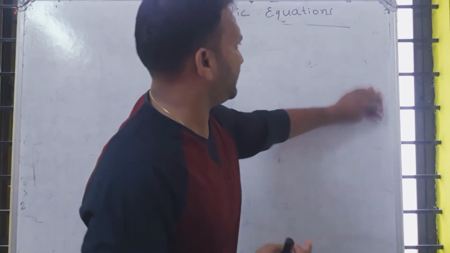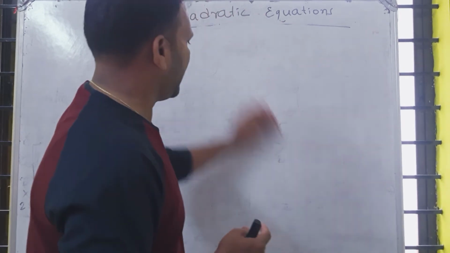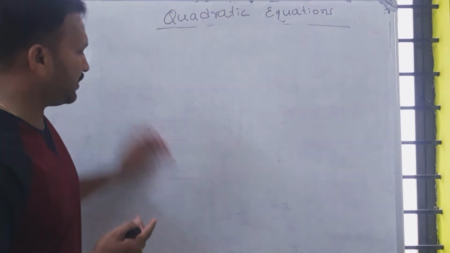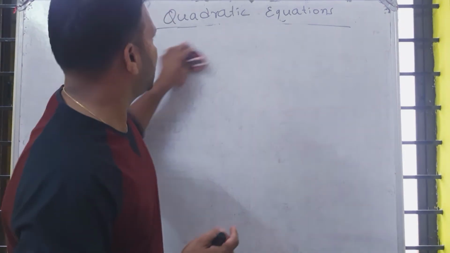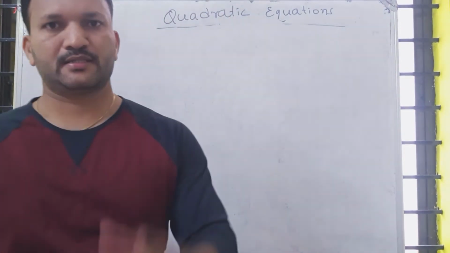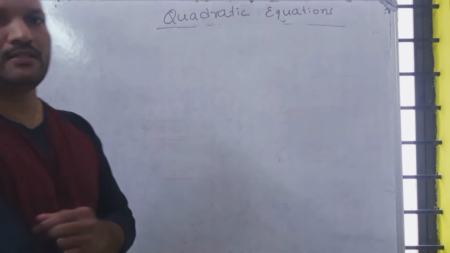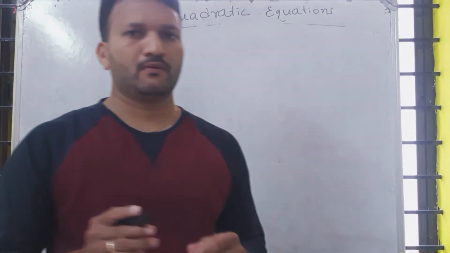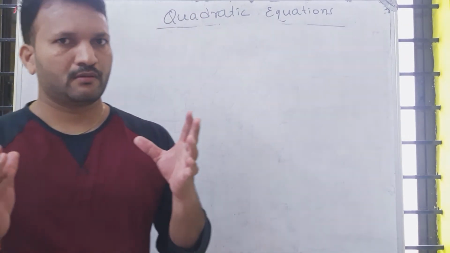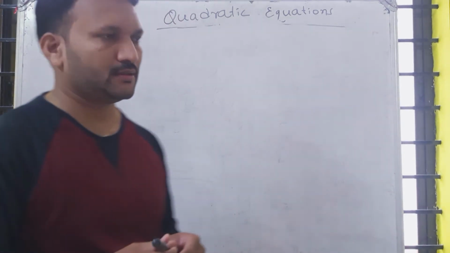Let us take one example. As I told, it is a very applicable chapter in day-to-day life. John and Jivanti have 45 marbles.